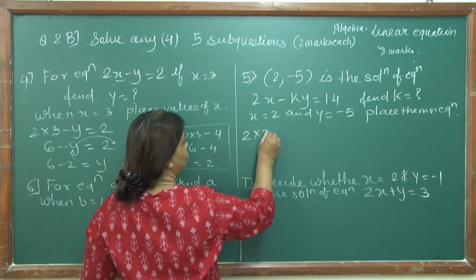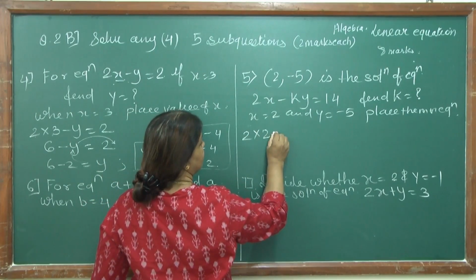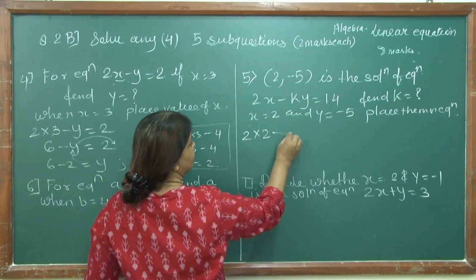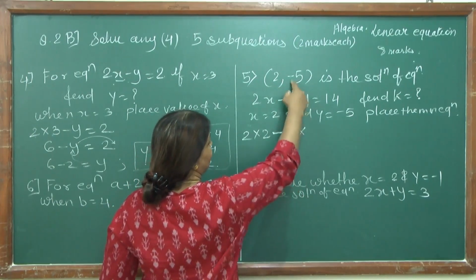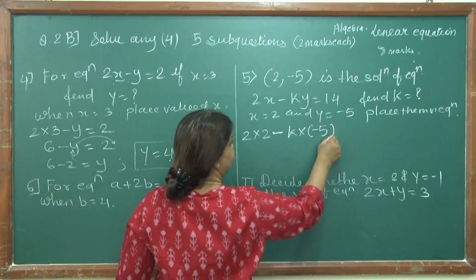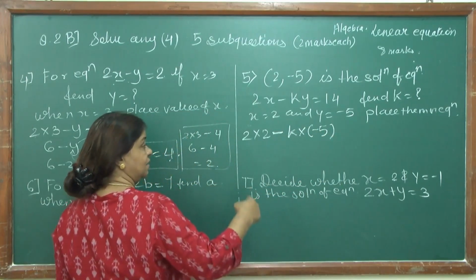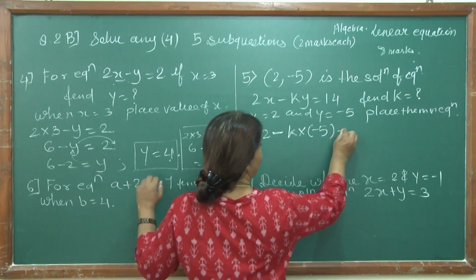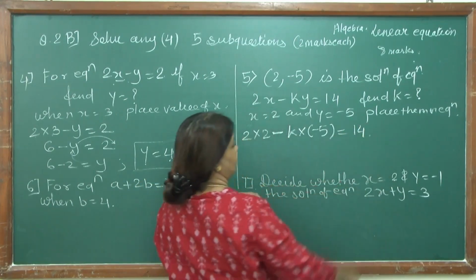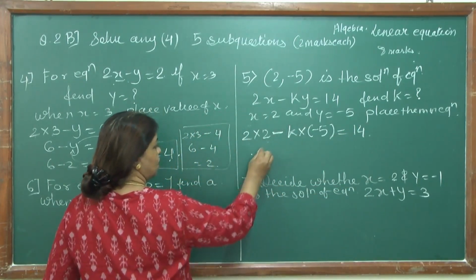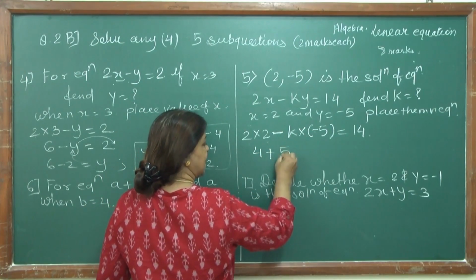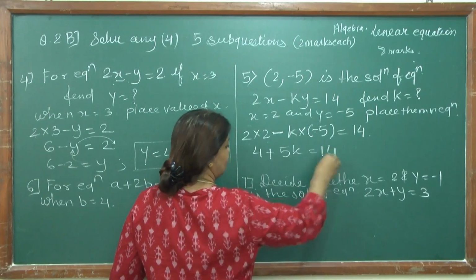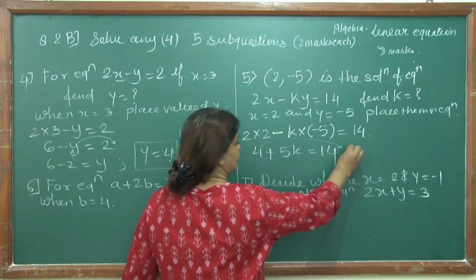2 into 2, minus 2 into 2 minus k into y, which is minus 5, and this is equal to 14. Fine. 2 2s are 4, minus into minus plus 5k is equal to 14. 4 will come here.